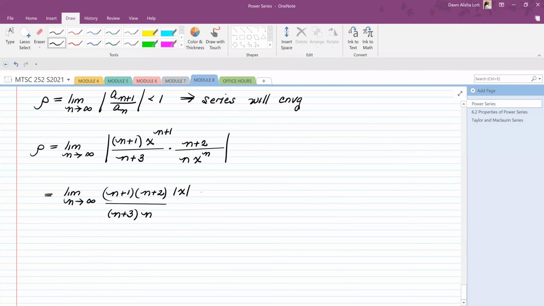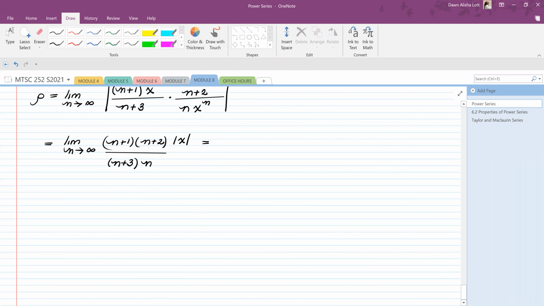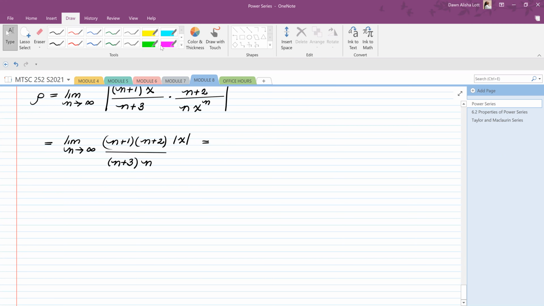Now I need to do this limit, and I don't know if you can already see that all of this literally just goes to 1. That is the limit as n approaches infinity. If I divide everything in the numerator by n, I get 1 plus 1 over n, then 1 plus 2 over n.